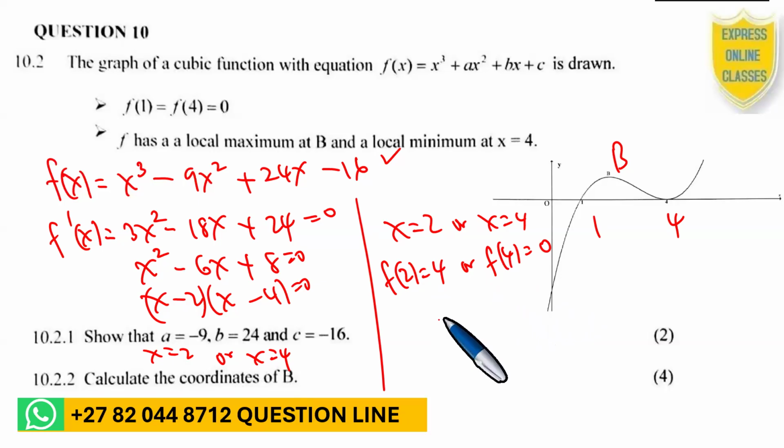Meaning the coordinates of B would be x equals 2 and y equals 4.